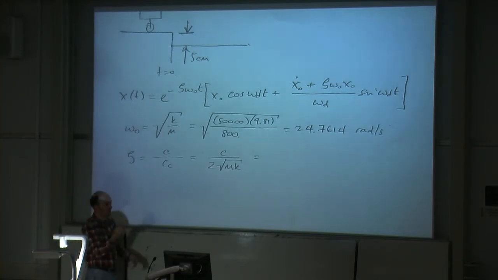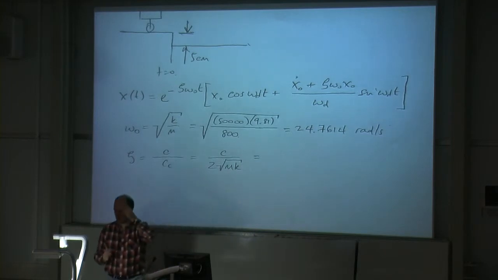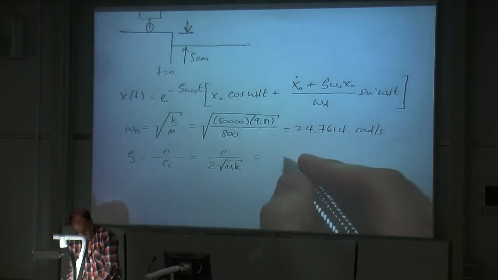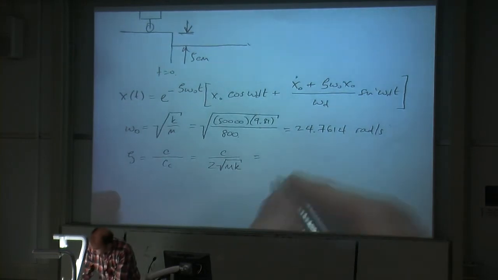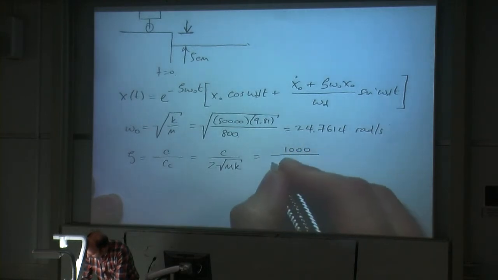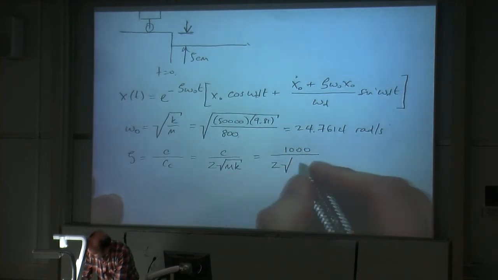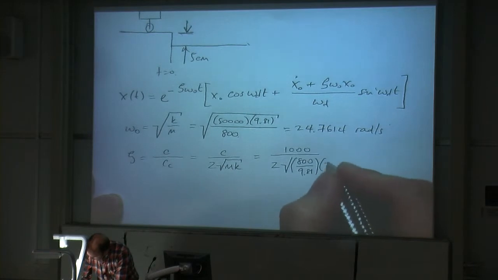And we've found out in the notes in chapter 2 that Cc is 2 root mk. And so again, it's just a matter of plugging in the numbers. Damping constant was 1,000 newton seconds per metre. And we have 2 root m, we know m is 800 divided by 9.81. And k is 50,000.